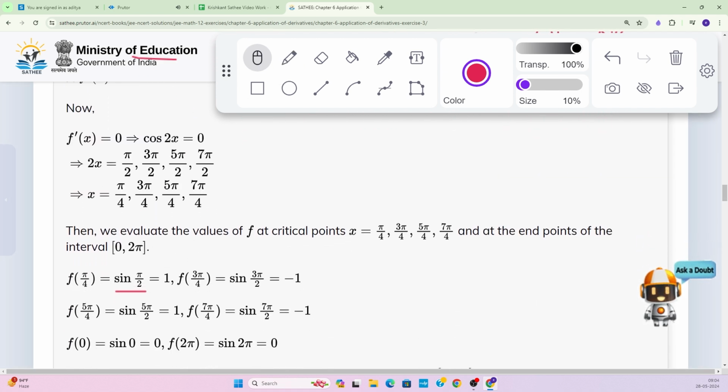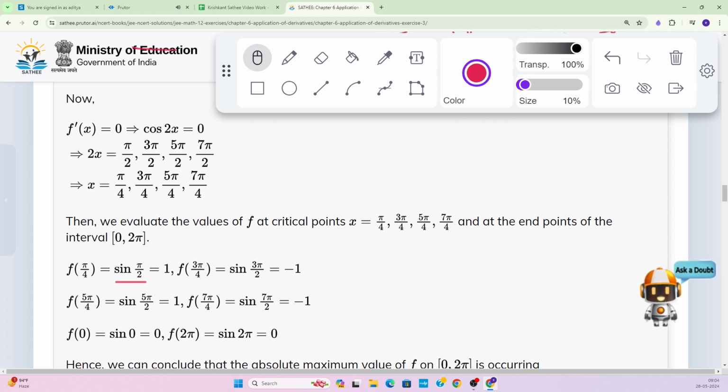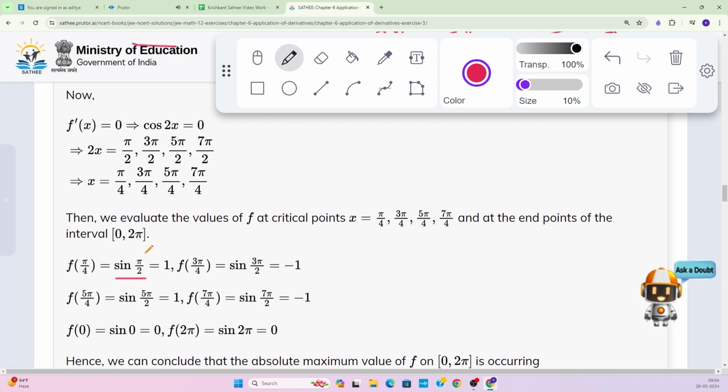So this means, sine of pi by 2 will give you 1. 5 pi by 4 means sine of 5 pi by 2, this means 2 pi plus pi by 2. This means the pi by 2 value will give you 1. Sine 0 will give you 0. Sine 2 pi also gives you 0. 3 pi by 4 means 3 pi by 2. This means what?